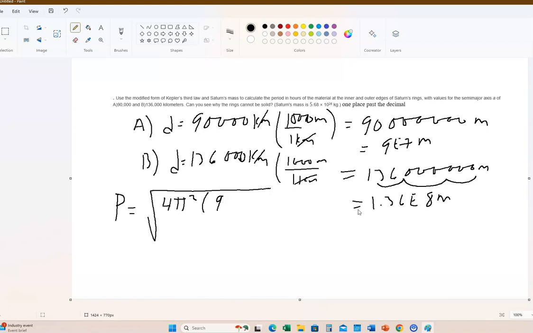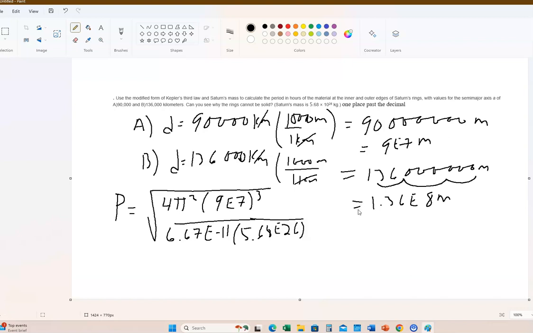So it's going to be 9 times 10 to the 7th, but we've got to cube that, and then we divide by big G, which is 6.67 times 10 to the minus 11th, times the mass of Saturn, which they give us as 5.68 times 10 to the 26th. All right, so that's all.